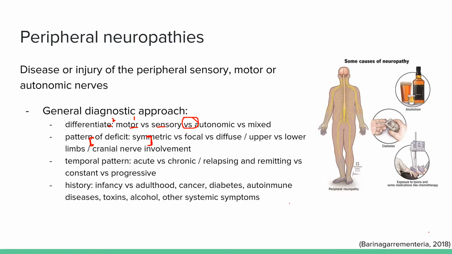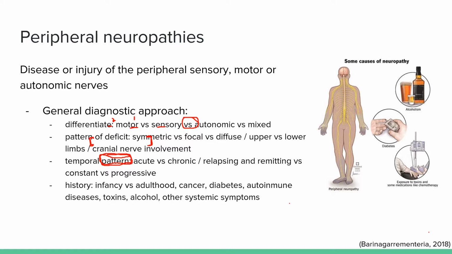The temporal pattern can be acute or chronic, and also it can be relapsing and remitting or constant and progressive. This is the most common presentation, a progressive disease, beginning in one limb and then expanding to other limbs.